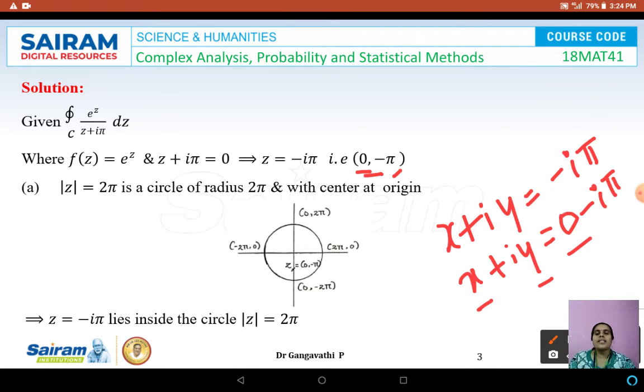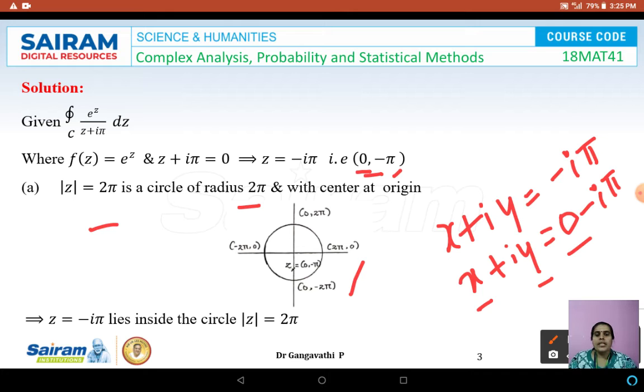Now let us consider the first curve. The first curve is mod z equal to 2 pi. Mod z equal to a constant is a circle with center at the origin and radius 2 pi, which we know very well. Let us try to draw the graph. This is how the graph looks, and the point here is minus i pi.